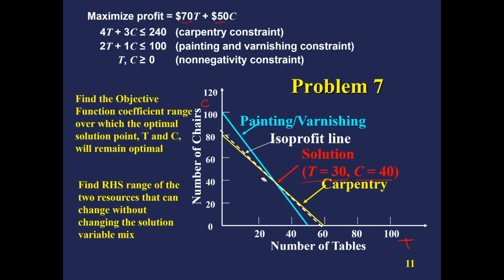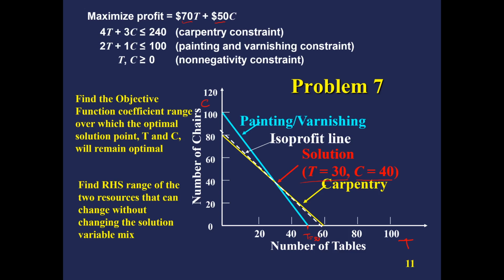If you move this yellow line towards the origin, the point will come over here, which is T is equal to 50, and of course C is equal to 0.